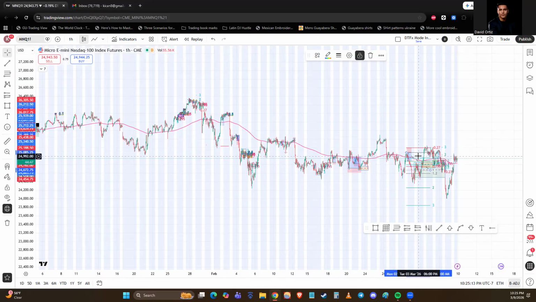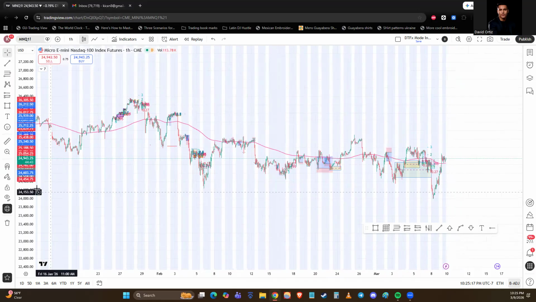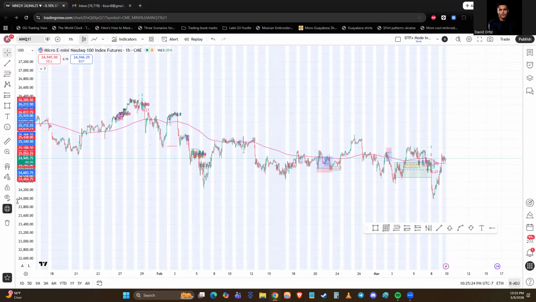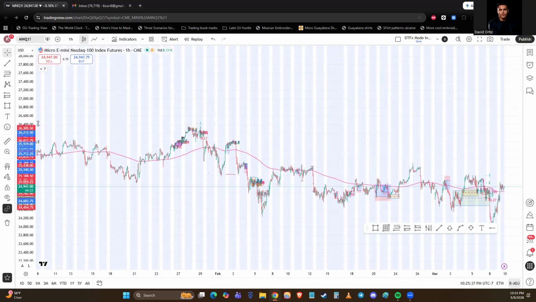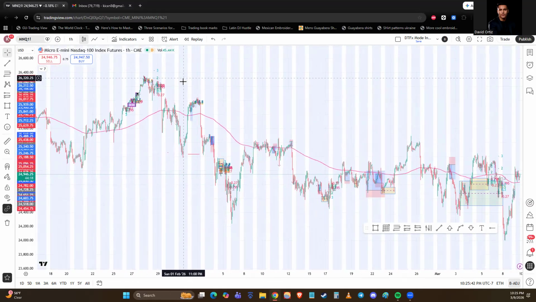I'll just get rid of this one. Delete everything. Remove. So our downtrend started when we started going down this way.